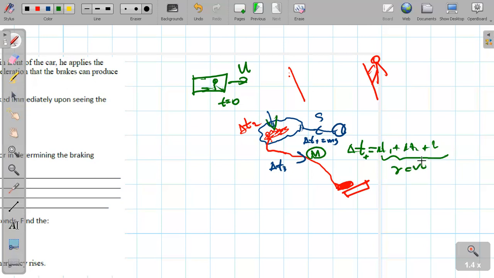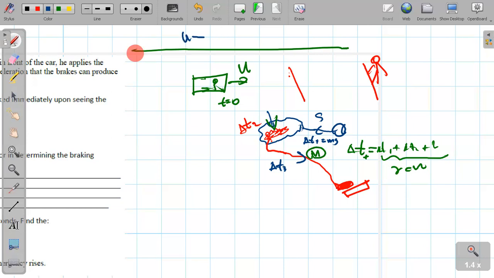If the reaction time is very large, it is a problem. Because why? In case of motion, if this is the motion, the object will travel in this manner with a uniform velocity of u.